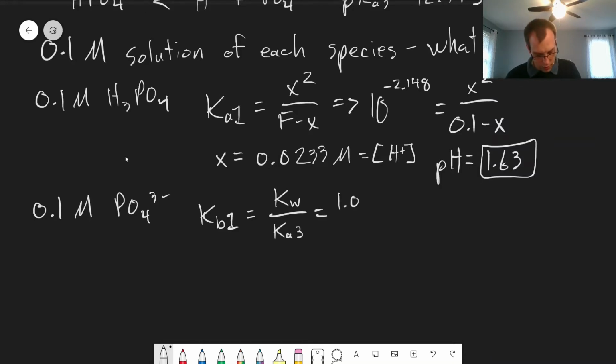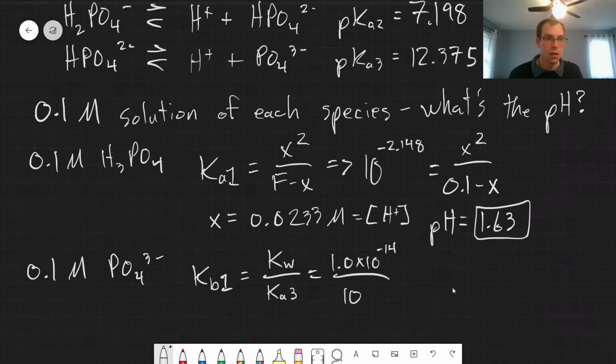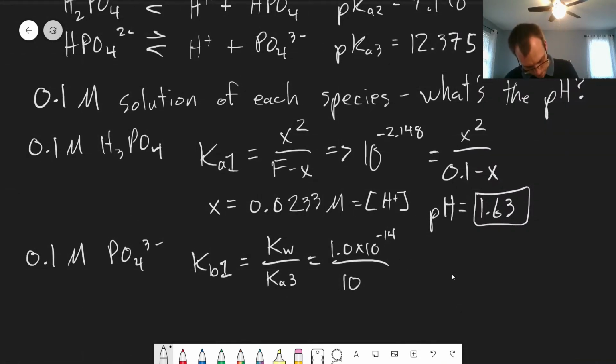So that'll be equal to 1 times 10 to the minus 14 over 10 to the negative 12.375. Again, that'll be equal to x squared over F here being 0.1 minus x.